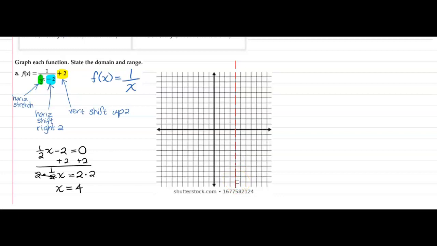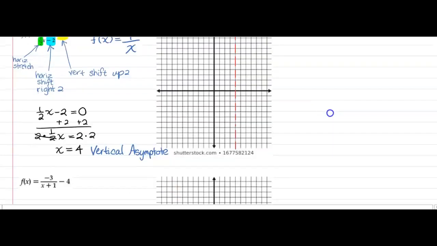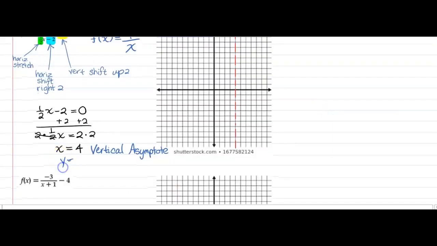All right, our horizontal asymptote, you guessed it, is going to be y equals 2. So y equals 2 is the horizontal asymptote.